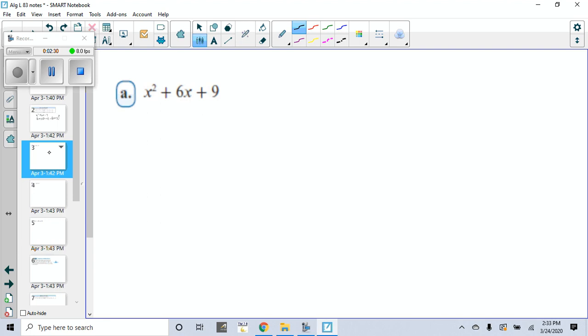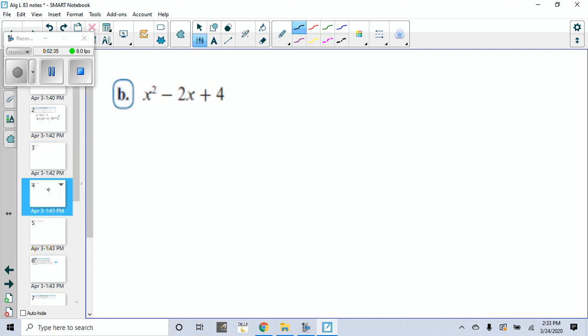I actually just did that problem on the page before. So this says, is it a perfect square trinomial? So is there a way that you can factor this x and x? And what are the factors of 4 that would add up to -2?